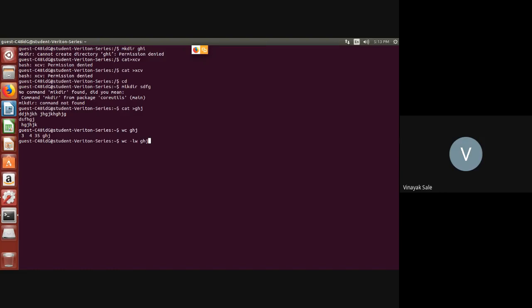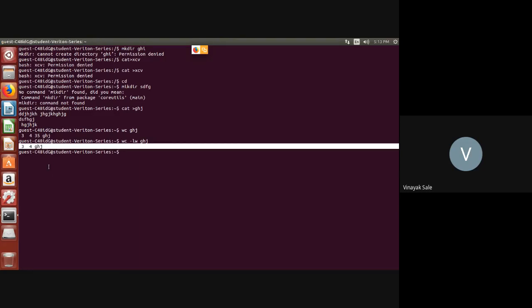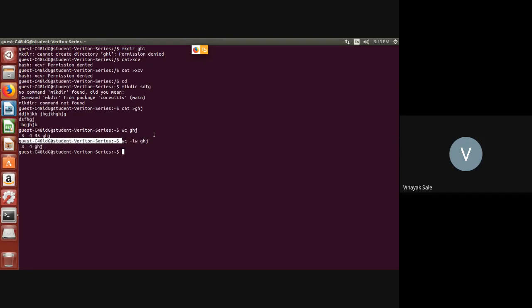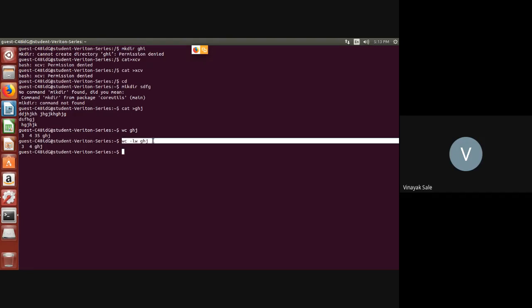Then it shows the number of lines and number of words with the file name. Suppose here I have written wc minus lw then the file name.